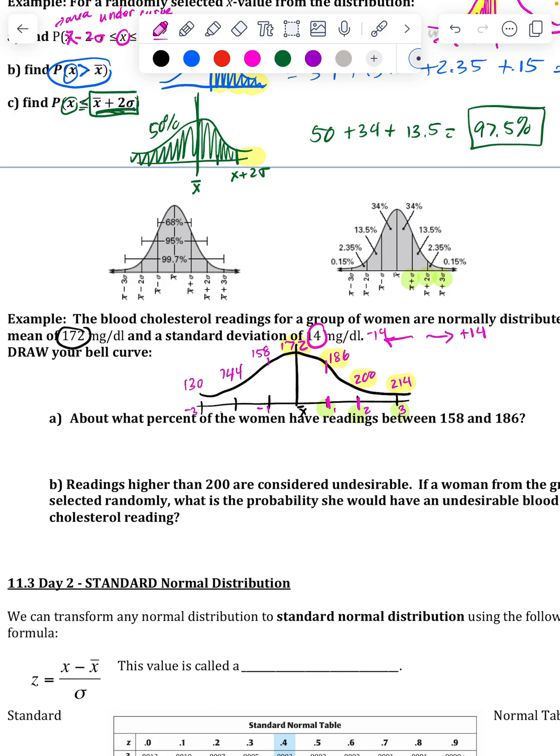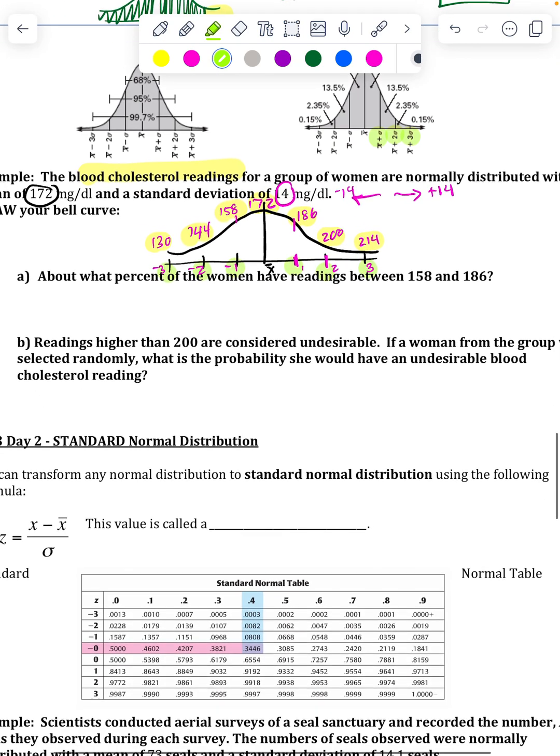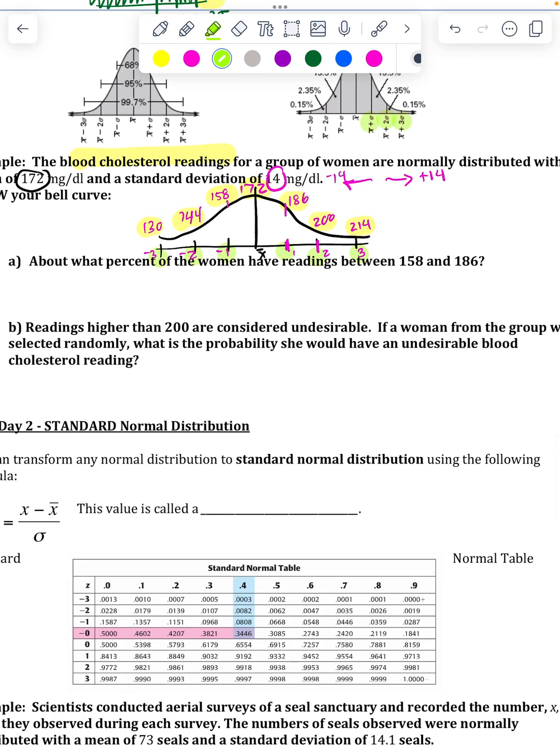So these are going to be the numbers that are in the situation, the blood cholesterol readings, but the numbers at the bottom are going to be the ones I can actually look up on my chart. So all I did on the top was this. I started with my X bar in the middle, my average, and I added 14 every time I went to the right a chunk, and I took away 14 every time I went to the left.